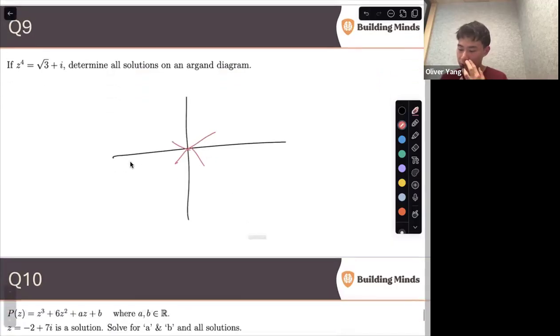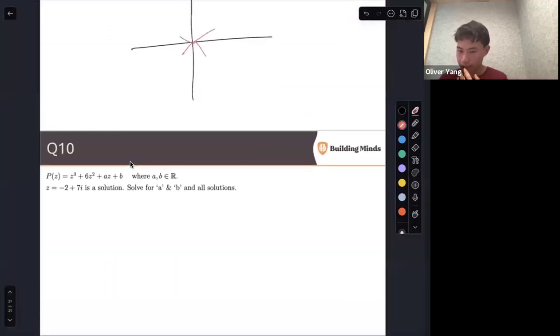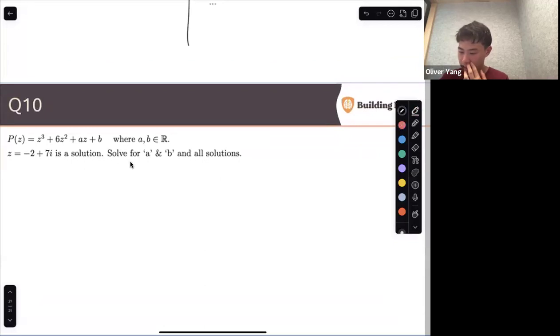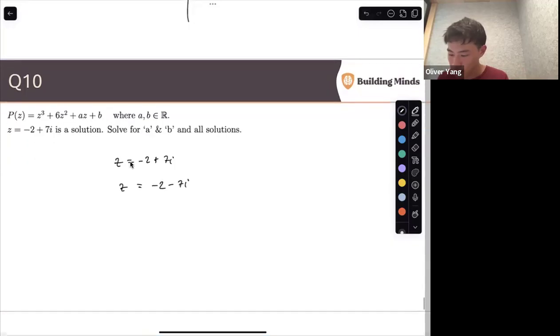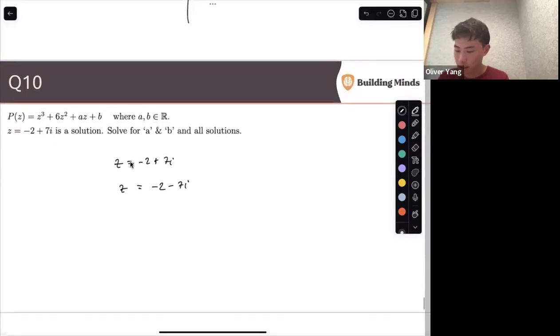Right. So yeah. Okay, so conjugate root theorem. If we know that this is a solution, that means this is also a solution, right? And then we know that this P of Z is in the form of these two conjugates, these two solutions, or should I say these two factors?